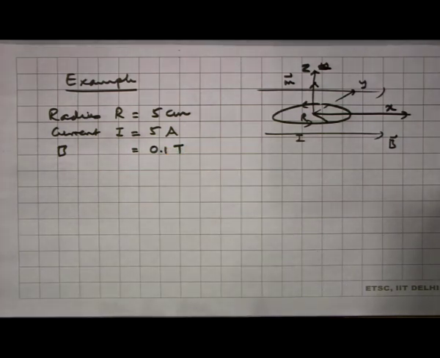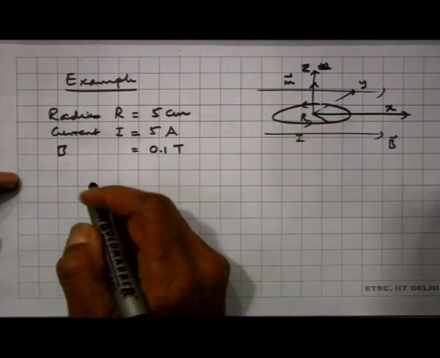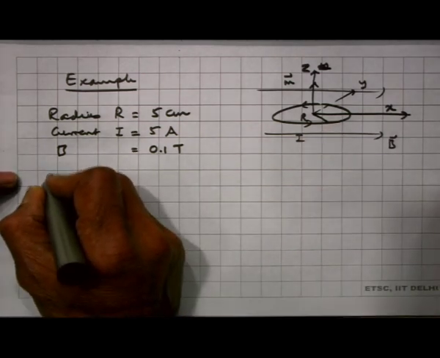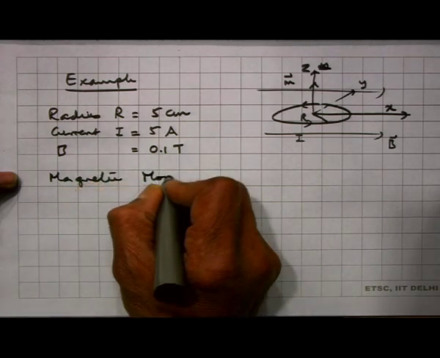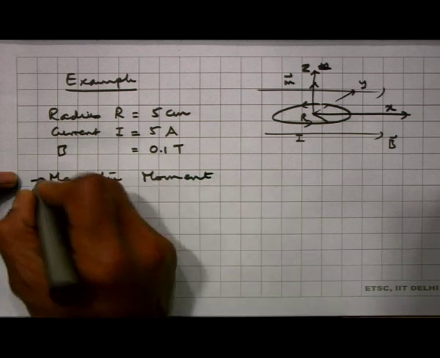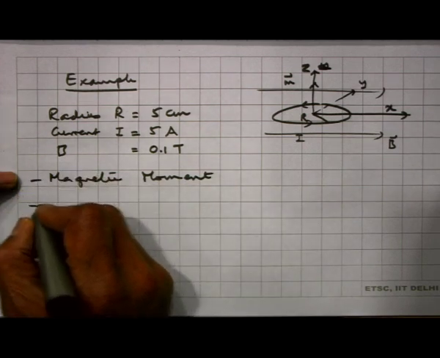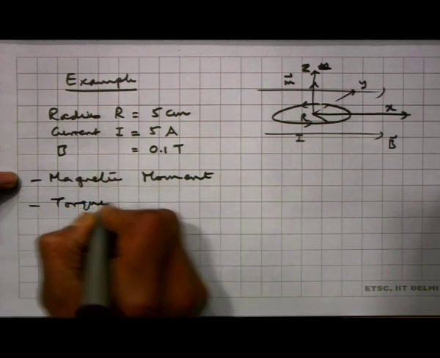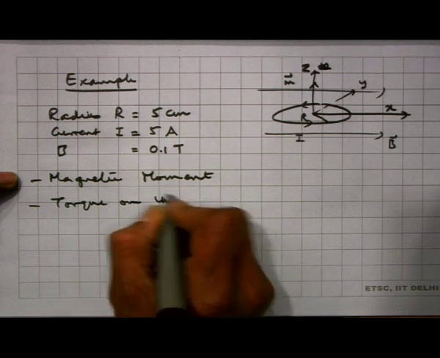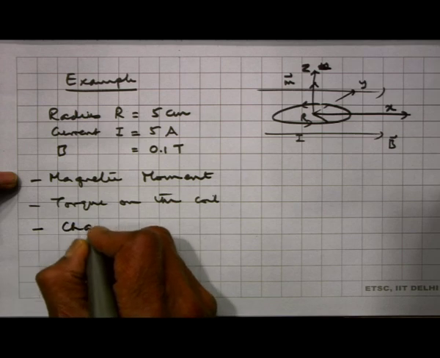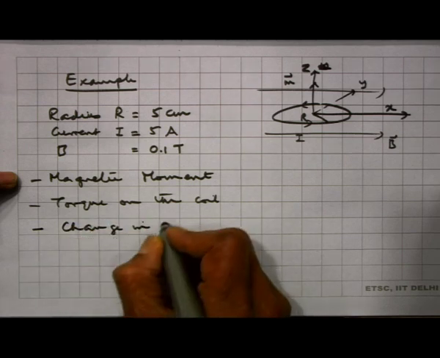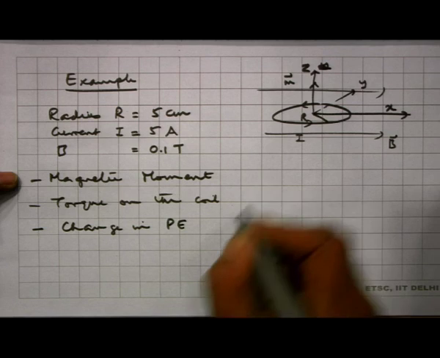So, what I want to do is calculate the magnetic moment of this. So, I leave this problem to you. We will discuss this in the next class again. Calculate the magnetic moment of the loop, then calculate the torque on the coil, and calculate the change in potential energy when it goes from this position.